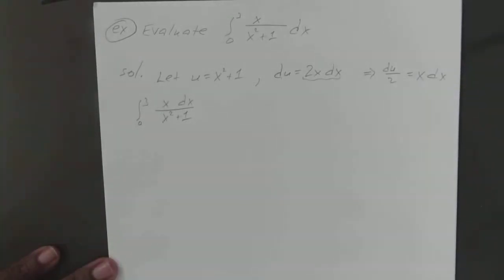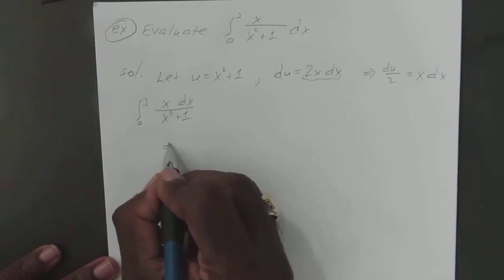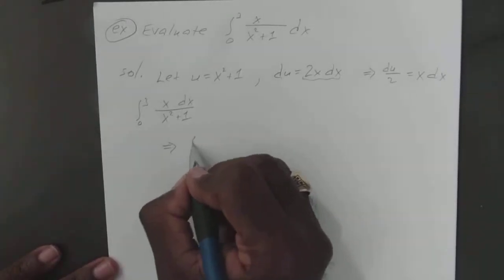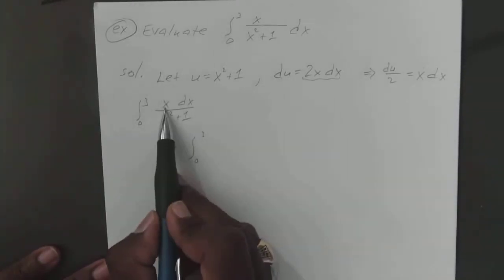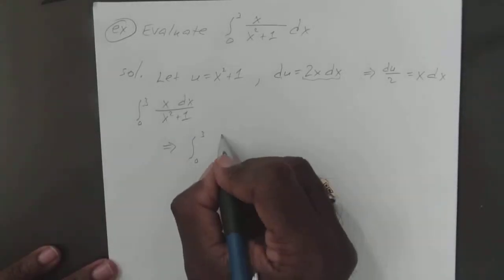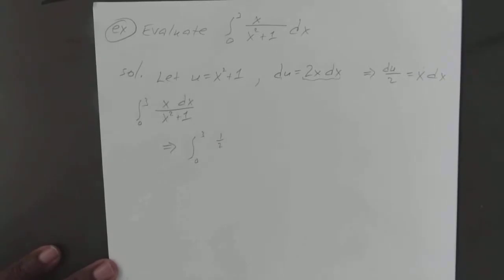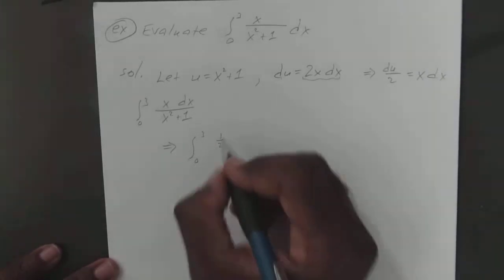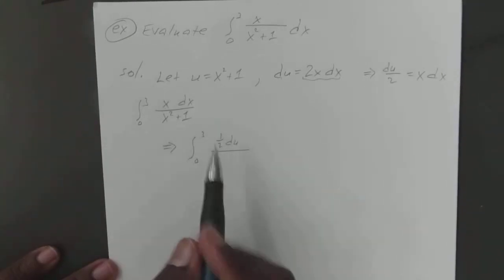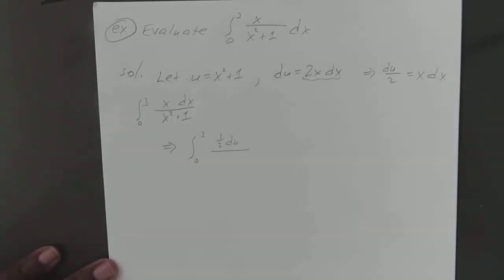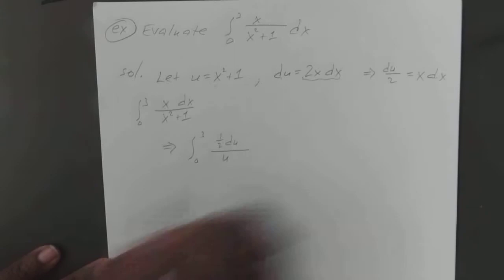And you already have your u here. So this will actually become the integral from 0 to 3, and that x dx gets replaced with du over 2, or 1/2 du, it doesn't matter which one, over x squared plus 1, remember that's your u.